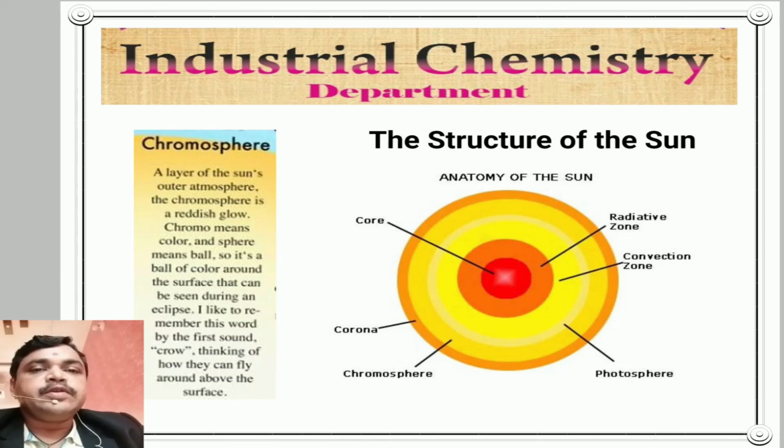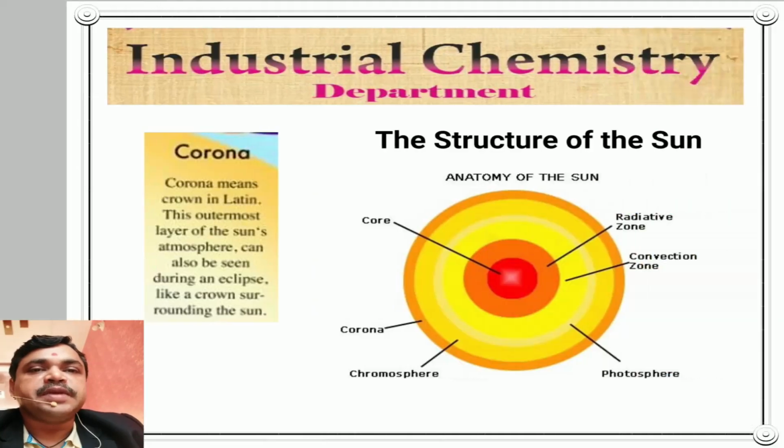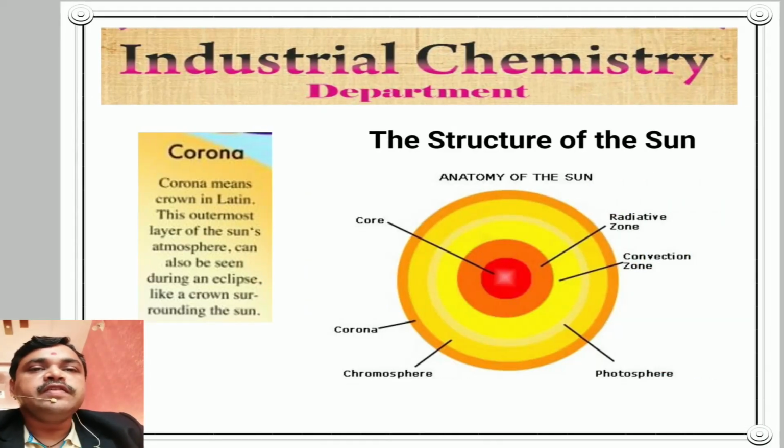I like to remember this word by the first sound, crow, thinking of how they can fly around above the surface. After the chromosphere, it is known as the corona. This is not COVID-19, it is the Sun's layer, corona. Corona means crown in Latin.